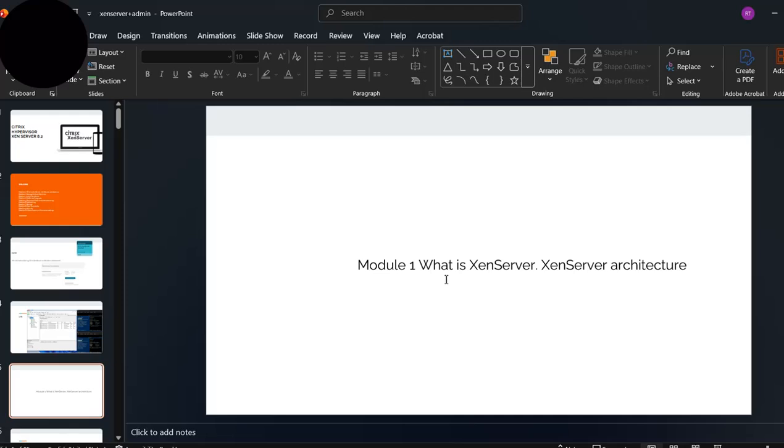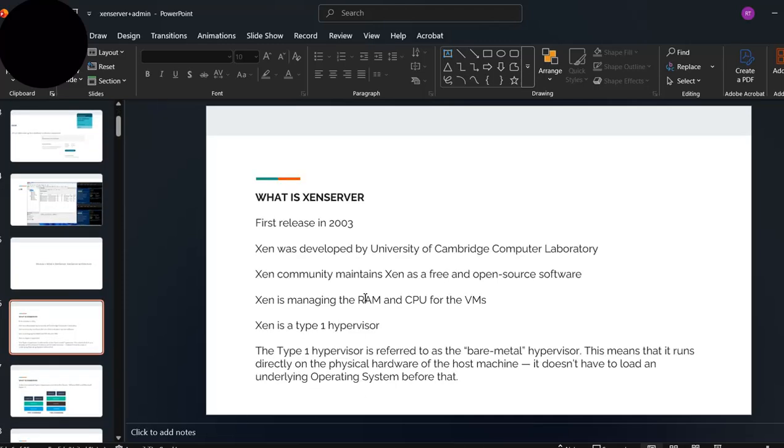So the first module: what is XenServer and XenServer architecture? XenServer was first released in 2003, and it was developed by the Cambridge University Computer Laboratory. The Xen community maintains Xen as free and open source software. But when you install XenServer in industry, you must buy an enterprise version.